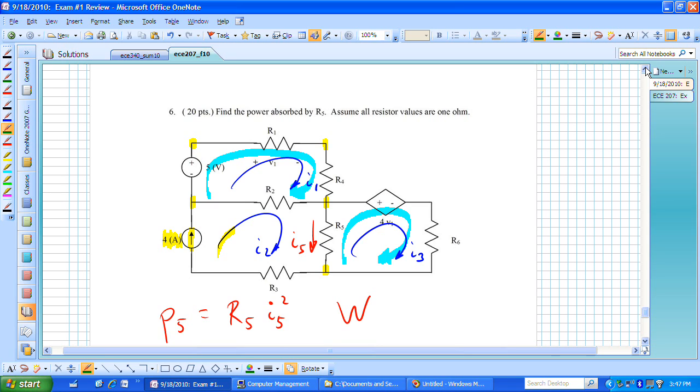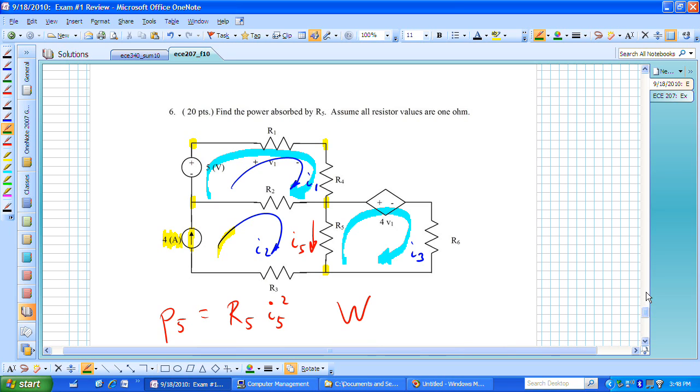Let me now write KVL around mesh 3 and see if I can come up with an equation through which I can solve for I sub 3. I'm going to have R3 times I3 minus I2, go through the dependent source from plus to minus, so that will be plus whatever the expression is for that dependent source, which is actually 4V1, and then I'll come down through R sub 6, which will be R sub 6 times I sub 3, and I'm back to where I started.